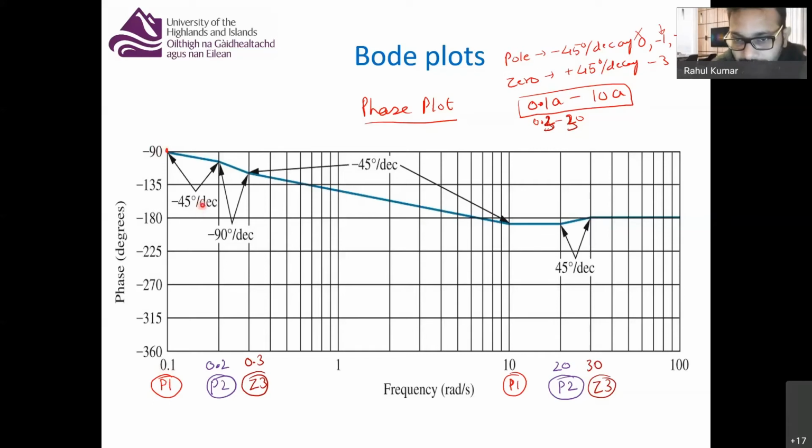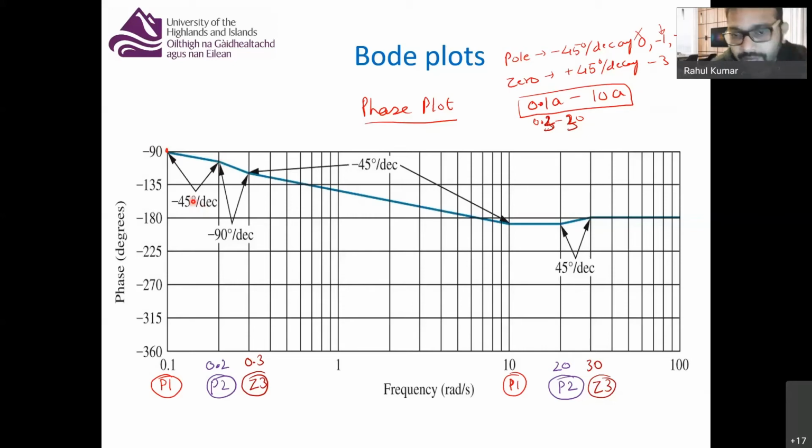Now the second pole is at 2, so its effect will also be in place at 0.1. It is a pole, so again it will reduce the slope by minus 45.